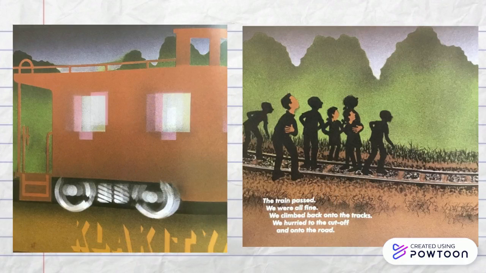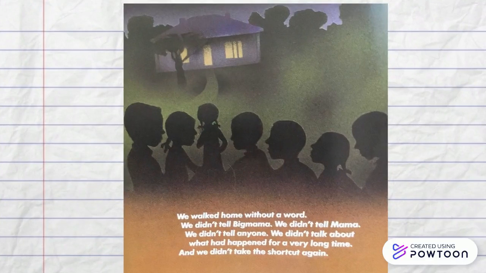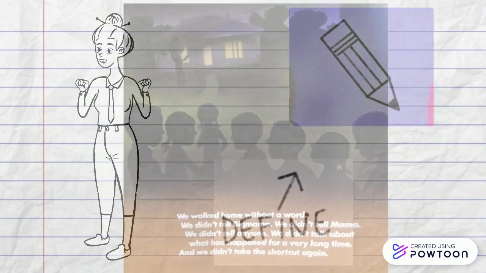The train passed. We were all fine. We climbed back onto the tracks. We hurried to the cutoff and onto the road. We walked home without a word. We didn't tell Big Mama. We didn't tell Mama. We didn't tell anyone. We didn't talk about what happened for a very long time.